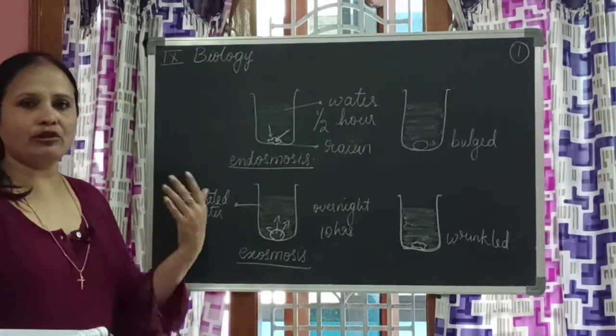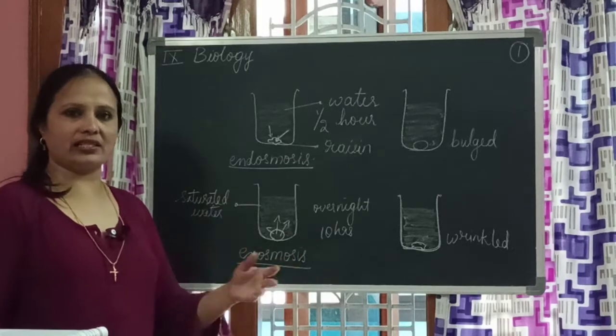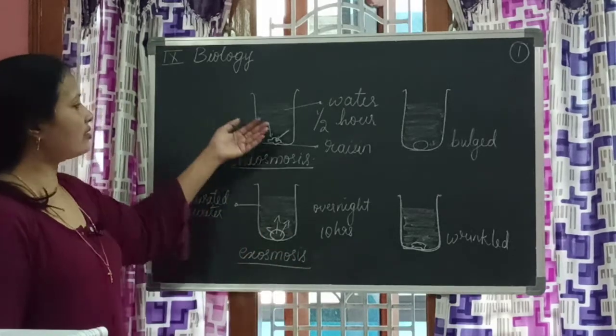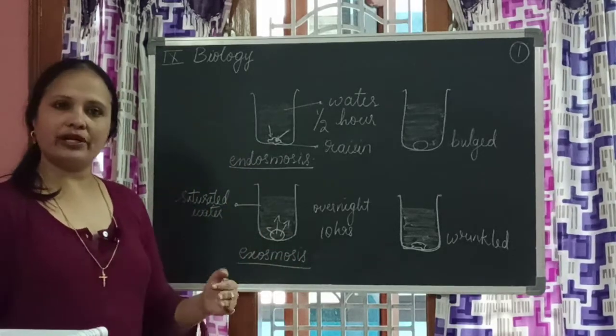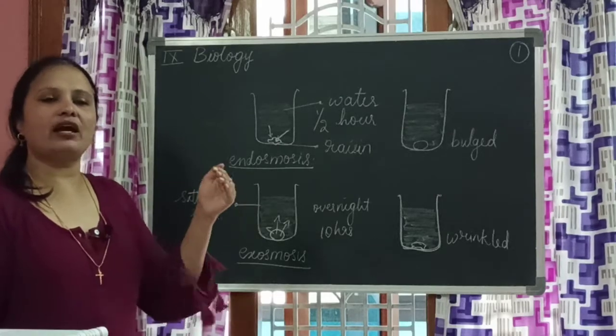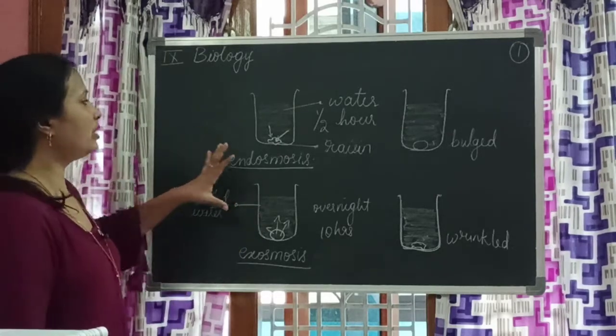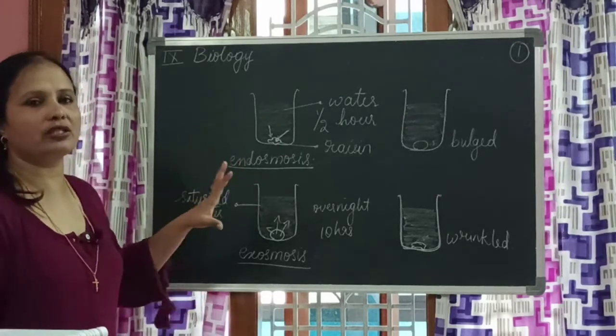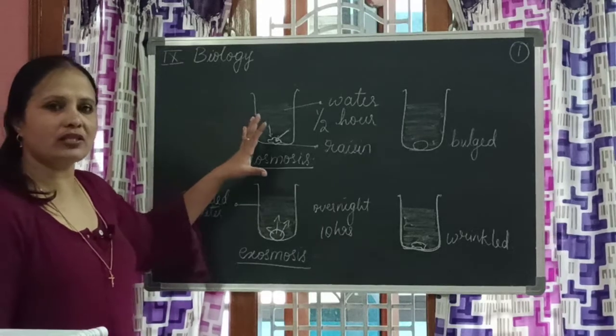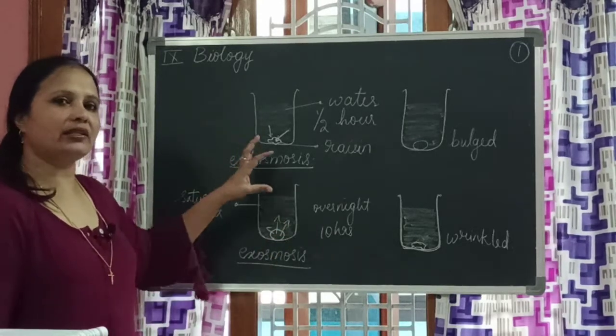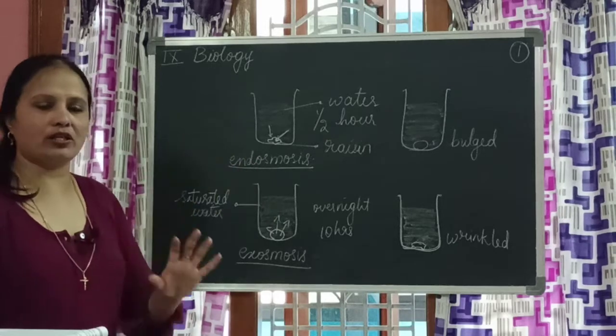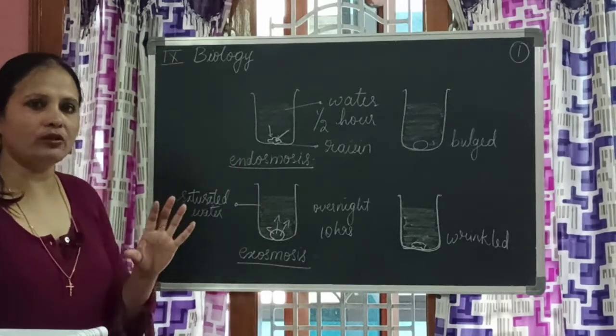Water is going out of the raisin, it is exit, exosmosis. Water is coming into the raisin, it is entering, that is endosmosis. Here we have learned two terminologies in biology, endosmosis and exosmosis, and both of them are related to water.